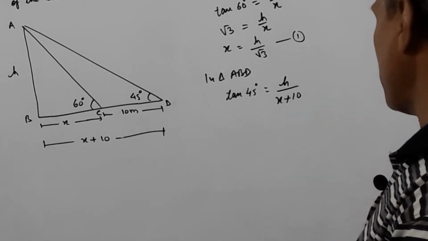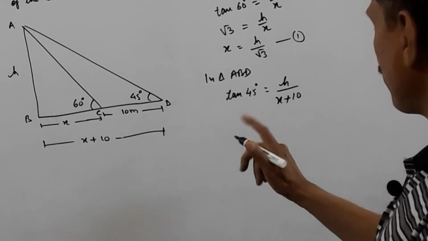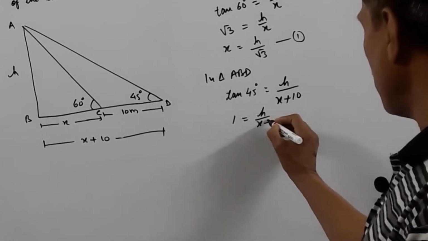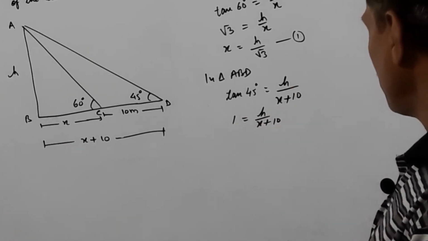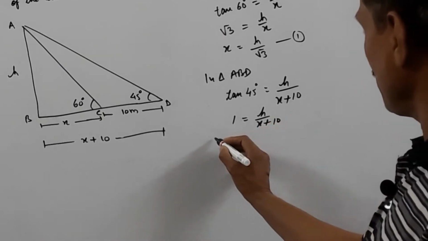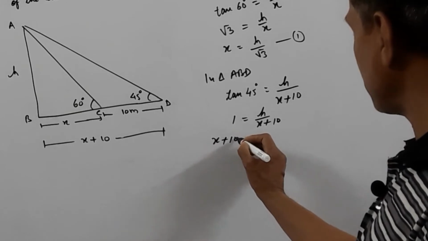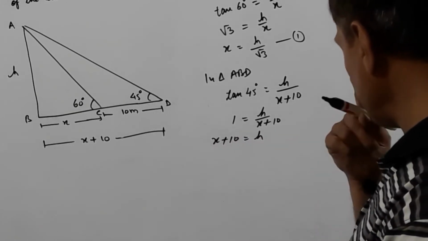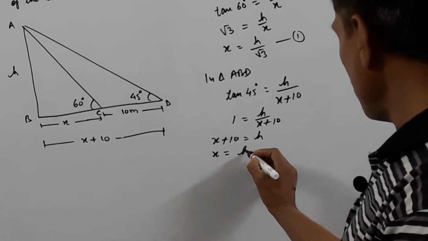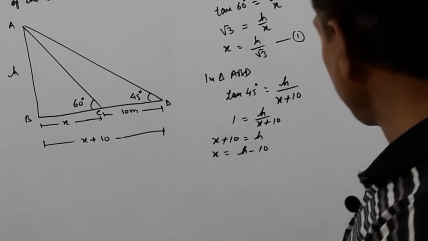Value of tan 45 is 1. So 1 is equal to h upon x plus 10, and thus x plus 10 is equal to h, or x is equal to h minus 10.